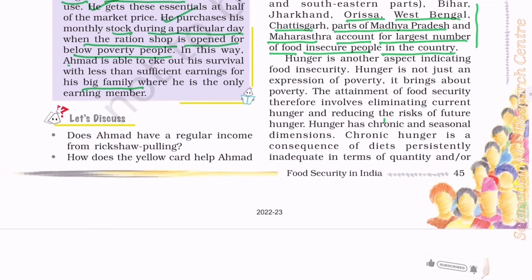Hunger is another aspect indicating food insecurity.